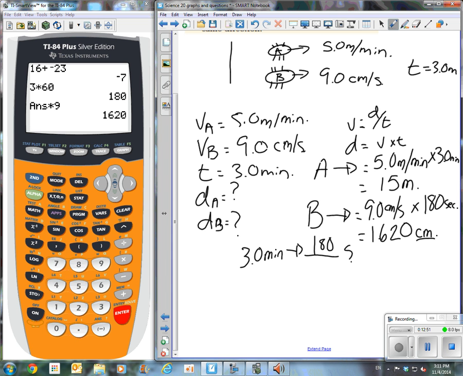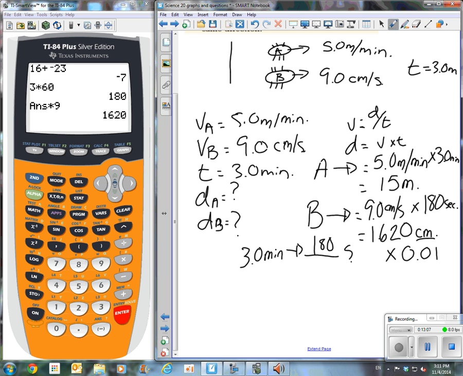And if I look at the first page there in my data booklet, I've got conversion factors. So I'm going to look at the centi one. So I'm going to multiply this by the conversion factor listed there of 0.01.